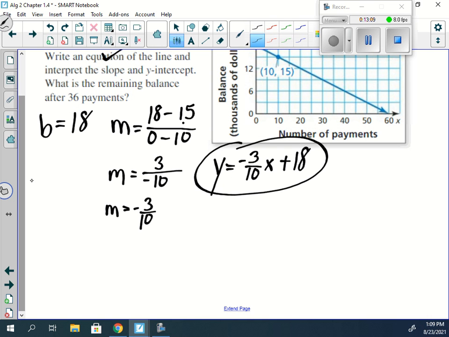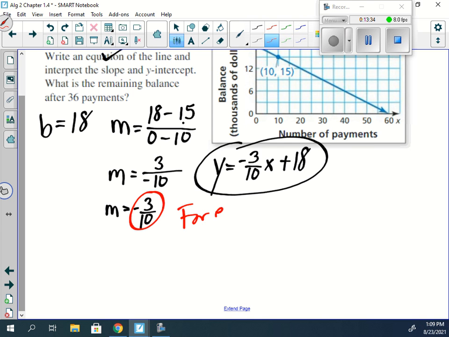Now we need to interpret the slope and y-intercept. So how can we interpret the slope, negative 3/10? Well, what are we trying to figure out? So what does negative 3/10 tell me? That is your money over payments.